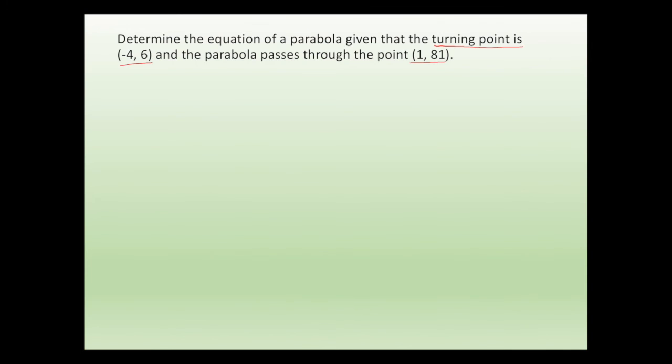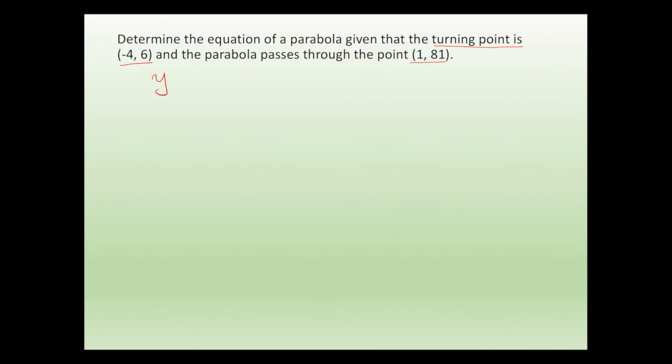Here, in this question, you are not asked whether to give the equation in general form or turning point form. As far as I'm concerned, if you give the equation in turning point form, I'll be happy to accept it, because it's not specified what form you should give it in.